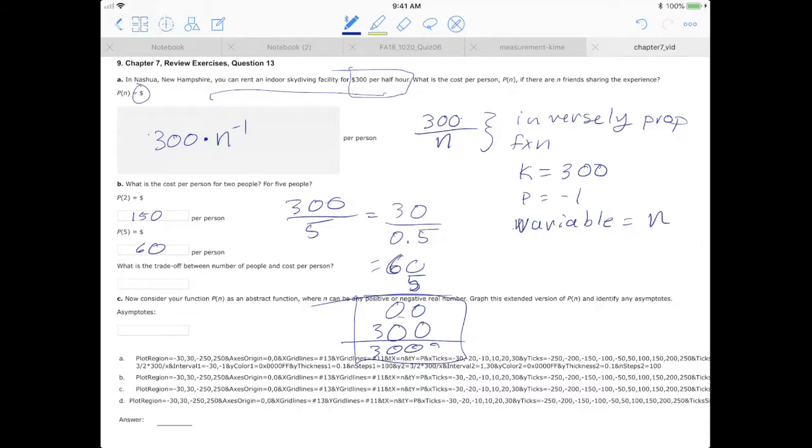What is the trade-off between number of people and cost per person? If n goes up, cost per person goes down, right?